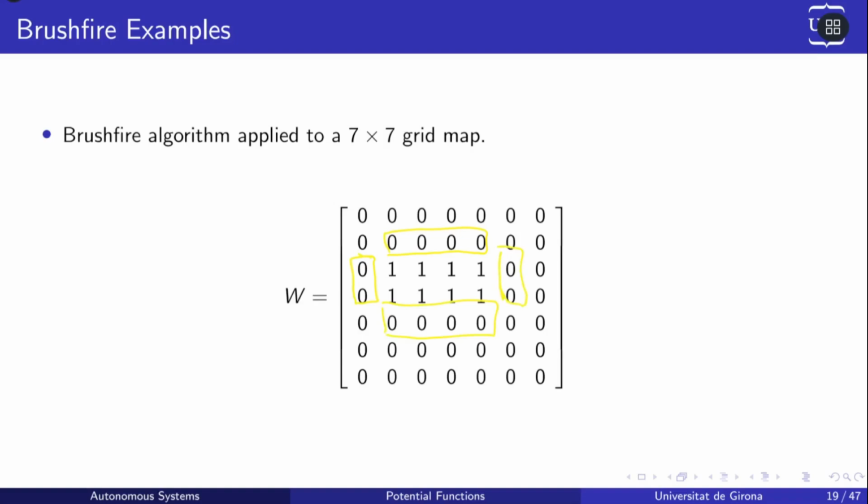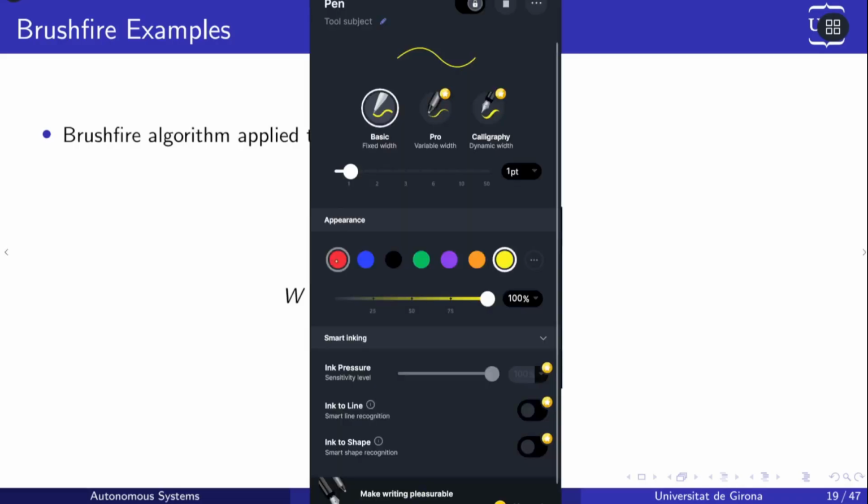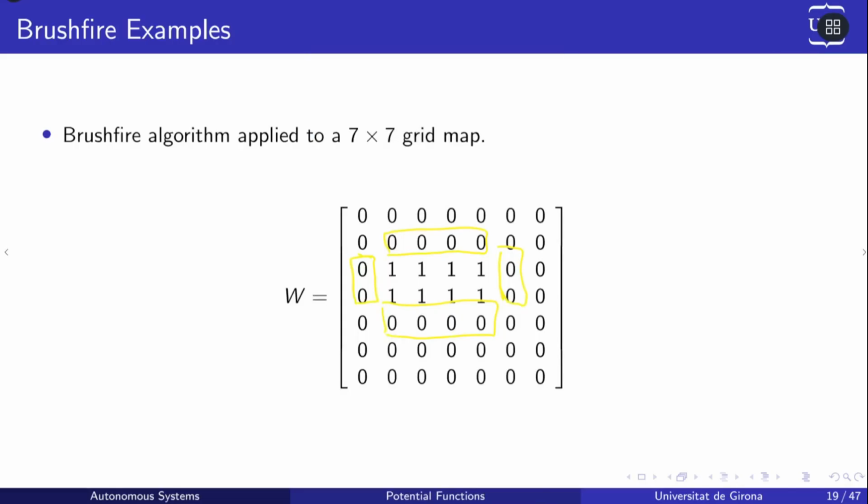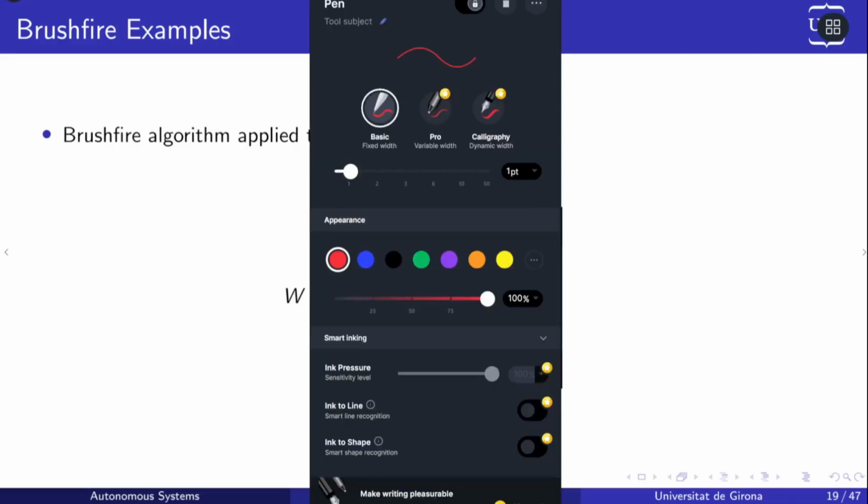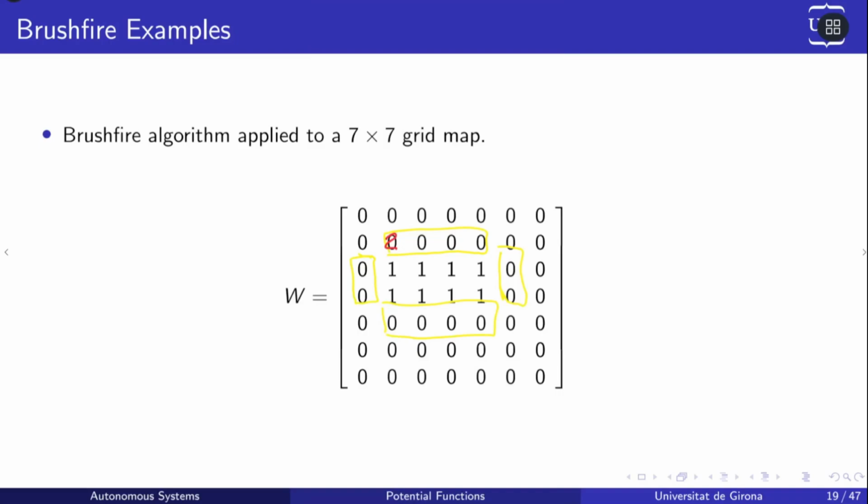I add all this into my queue L. And then for each one of them, I will take the first one and say, okay, this is touching an obstacle, so I will replace this not by 1, but by 2, and check all the surrounding cells of this one, and then add this here and this here.